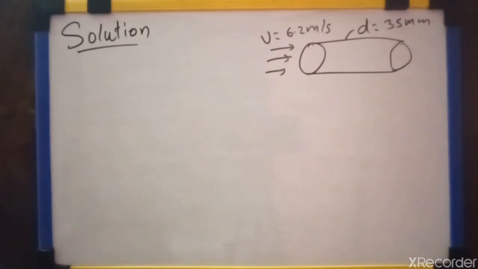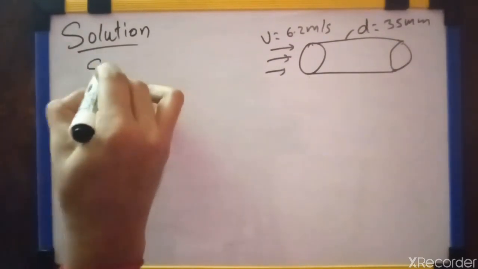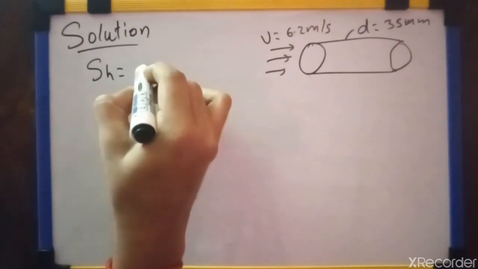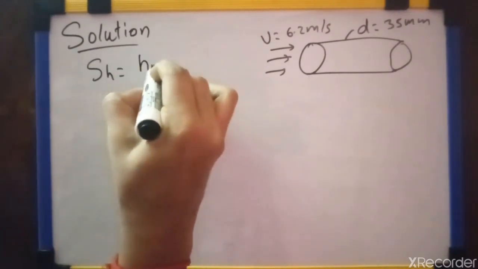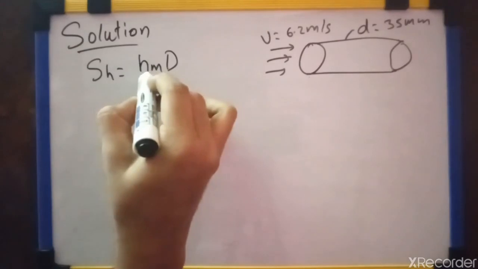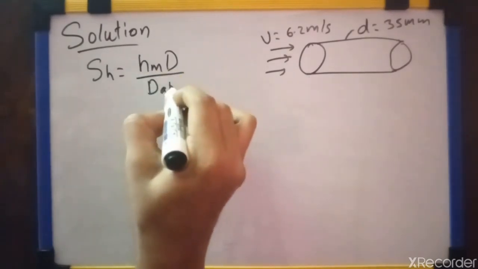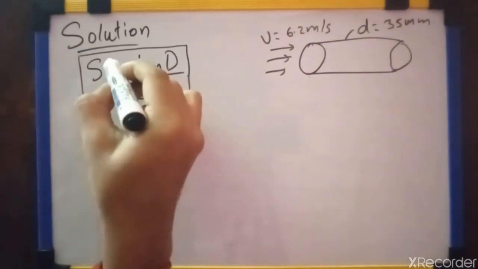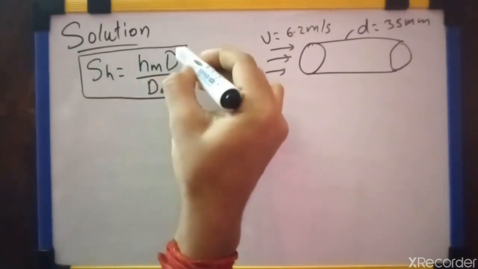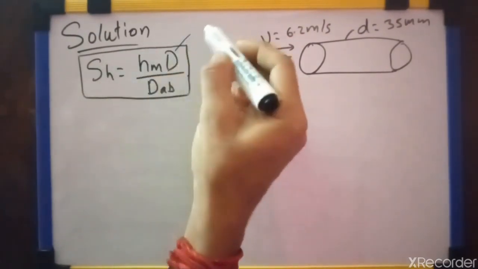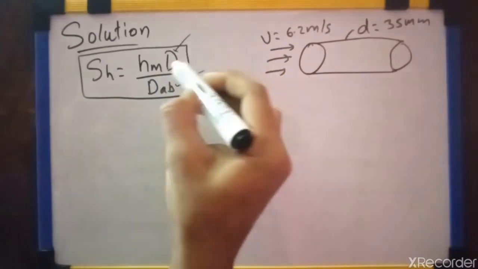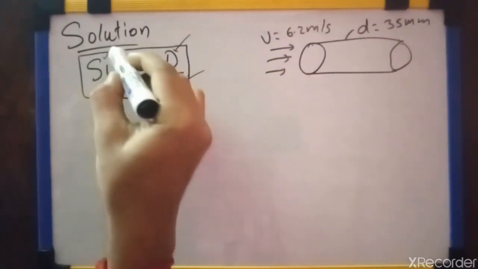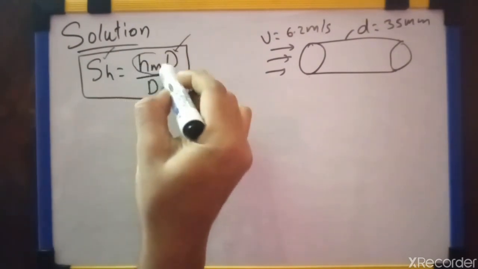From the equation of Sherwood number, Sh is equal to hm D divided by DAB. Here, if diameter D is given and DAB is given, and if the Sherwood number is found out, we can find the value for hm.